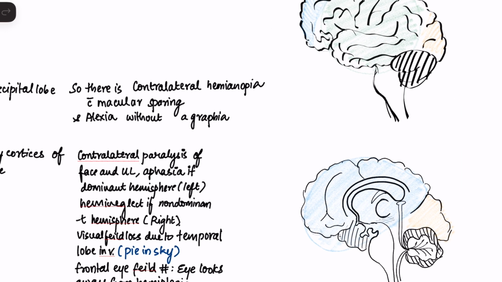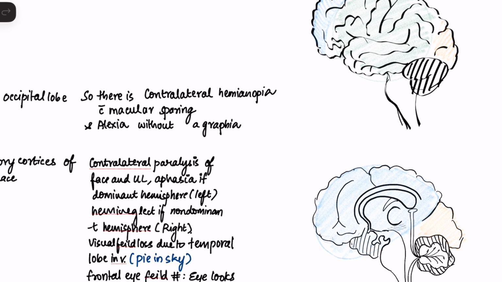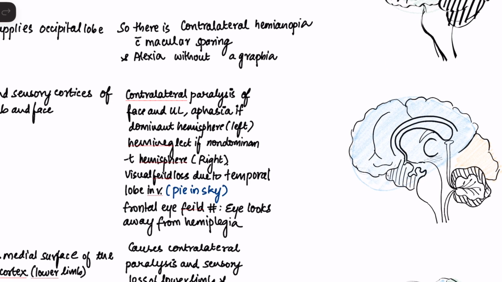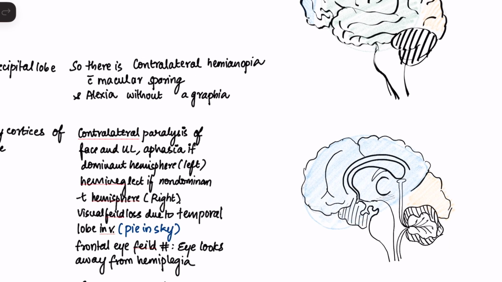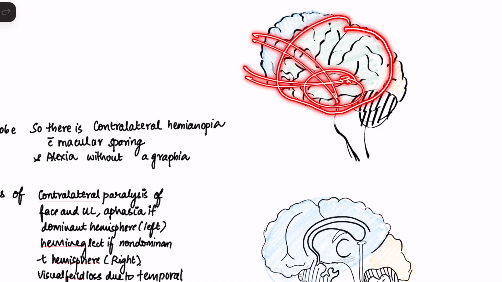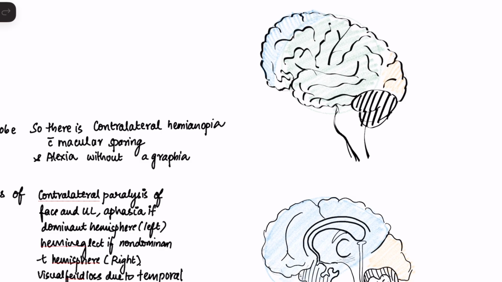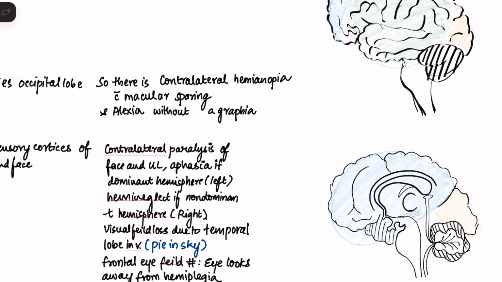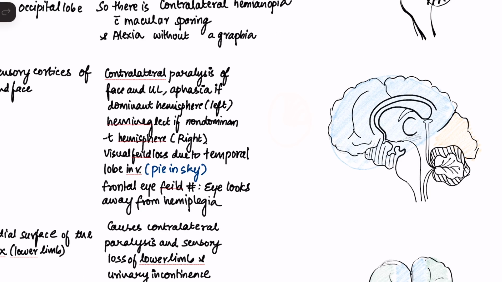So, if the dominant hemisphere is damaged, there will be aphasia, and if the non-dominant lobe is damaged, there will be hemi-neglect. Right. There is also the aspect of visual field loss due to the temporal lobe involvement. Now, since this lateral aspect completely involves even the temporal lobe, and there are fibers that cross this way, damage to those optical fibers will cause a pie in the sky sort of blindness.